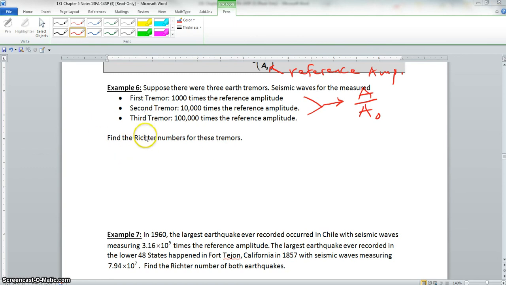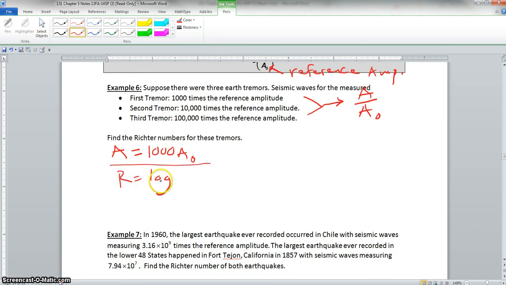So first of all, we will have the first tremor. That's A is equal to 1,000 times A of 0, because it's 1,000 times the reference amplitude. Now we will have R is equal to the log of 1,000 A of 0 all over A of 0, because we substitute.